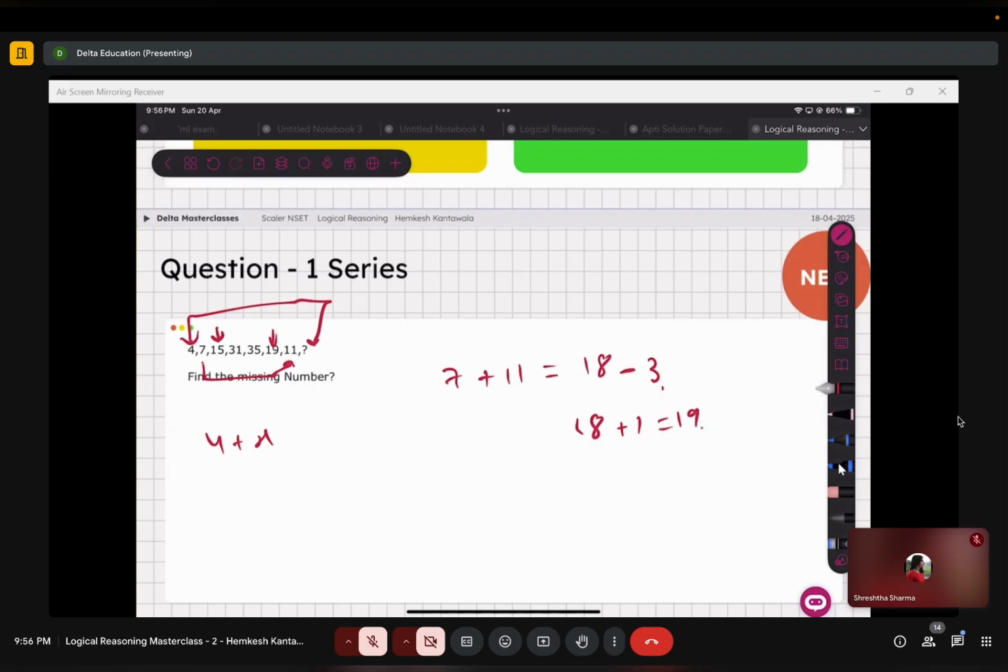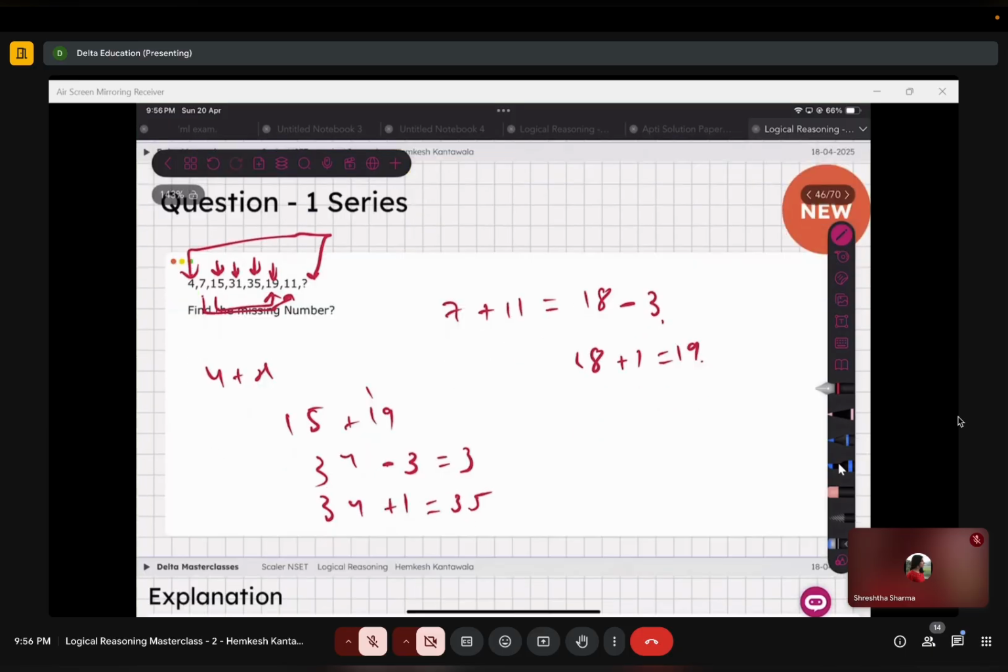Now let's see the pattern here. 15 plus 19 is 34. 34 minus 3, which is 31, gives the next number from this side. And 34 plus 1, which is 35, gives the next number from this side.